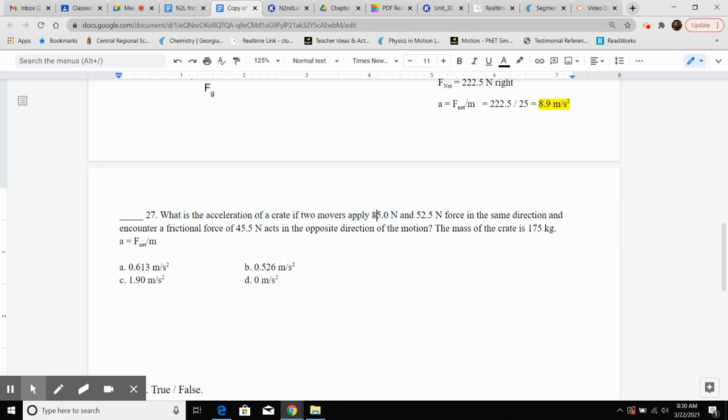So what you guys are going to want to do in this one first is take these two and add them. Then that will be your total applied force to the right. Friction force would be this guy to the left. So if I have a force to the right and a force to the left, what do I do? Subtract. That will give me my net force. And you have mass here, and then you just type it into the equation.